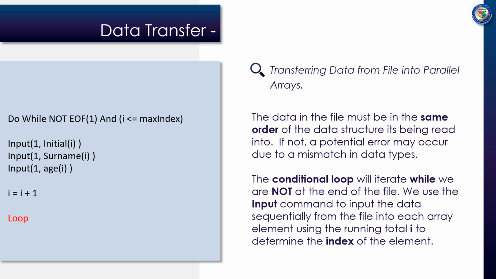This will iterate and input the initial, the surname and age into each element of the parallel arrays. Again, using I as the reference to the index.